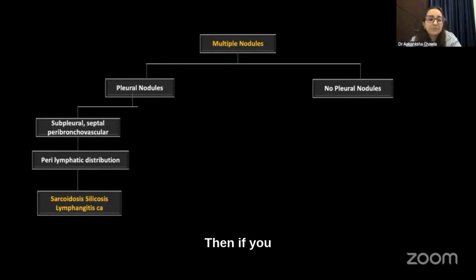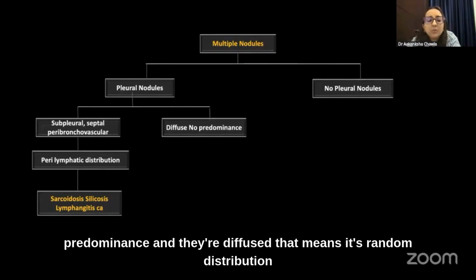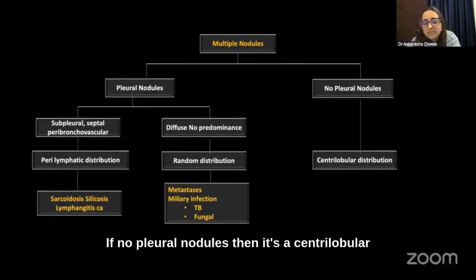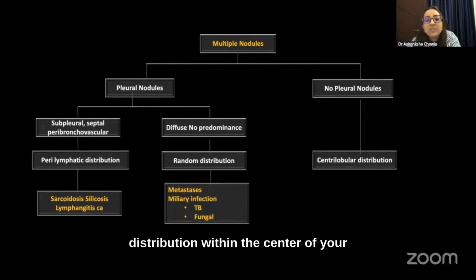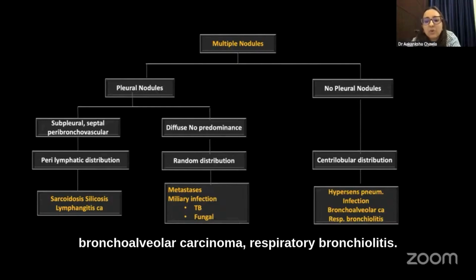Then, if you have no predominance and they're diffuse, that means it's random distribution, and this is seen in cases of metastasis, miliary infection, like that in TB and fungal infections. If no pleural nodules, then it's a centrilobular distribution within the center of your secondary pulmonary lobule, and seen in cases like hypersensitivity pneumonitis, infection, bronchoalveolar carcinoma, respiratory bronchiolitis.